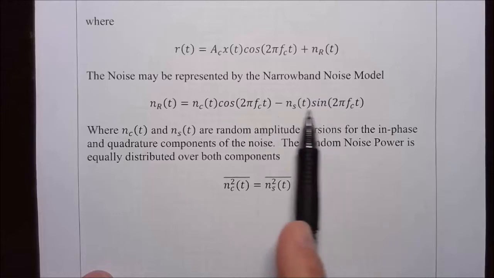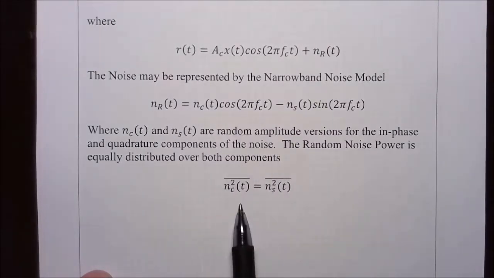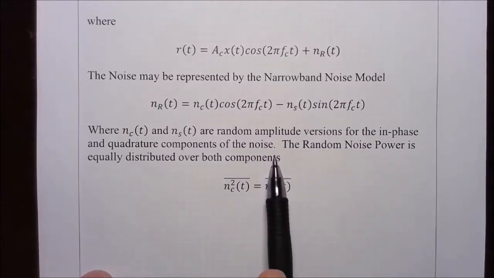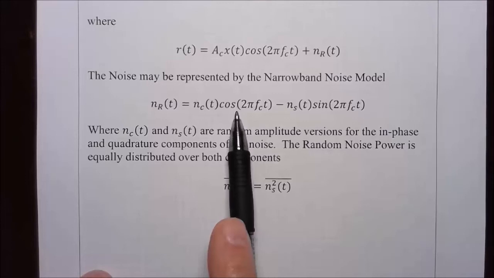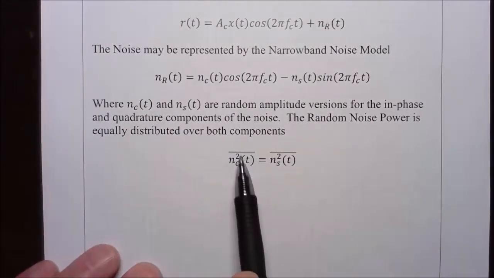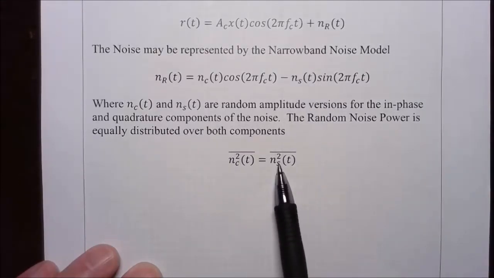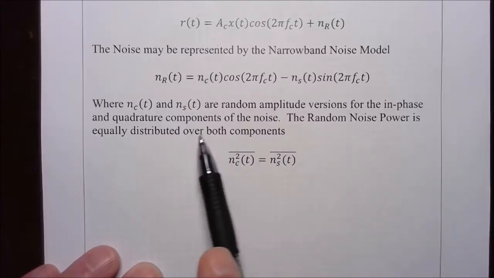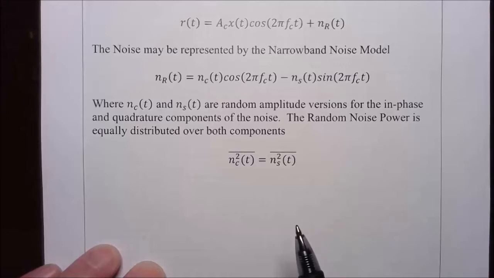The noise is distributed over these two components, one in phase with the carrier, the other 90 degrees with the carrier. And let's consider that the power will be evenly distributed over the in phase component and the quadrature phase component. So N_c squared time averaged is going to be equal to N_s squared time averaged. That's simply saying that the random noise power is evenly distributed over these two components.